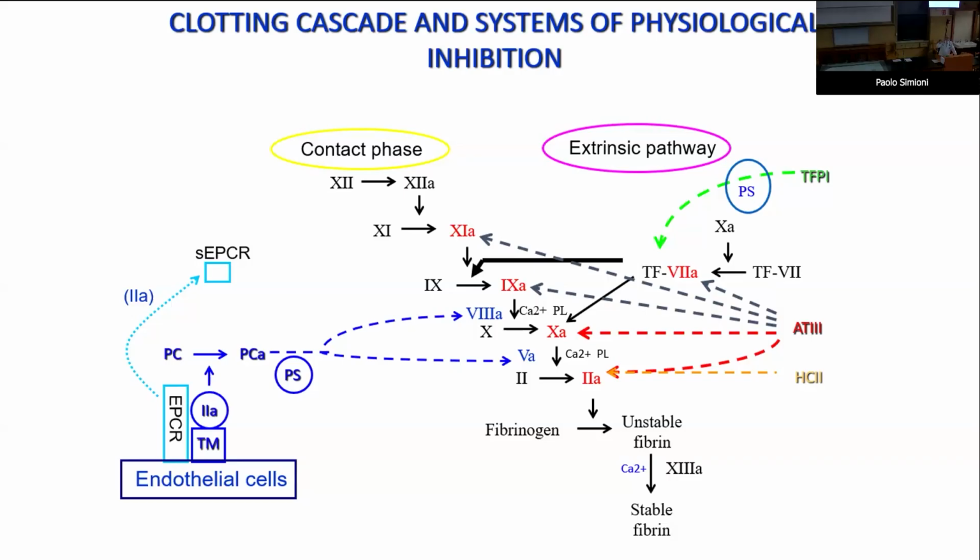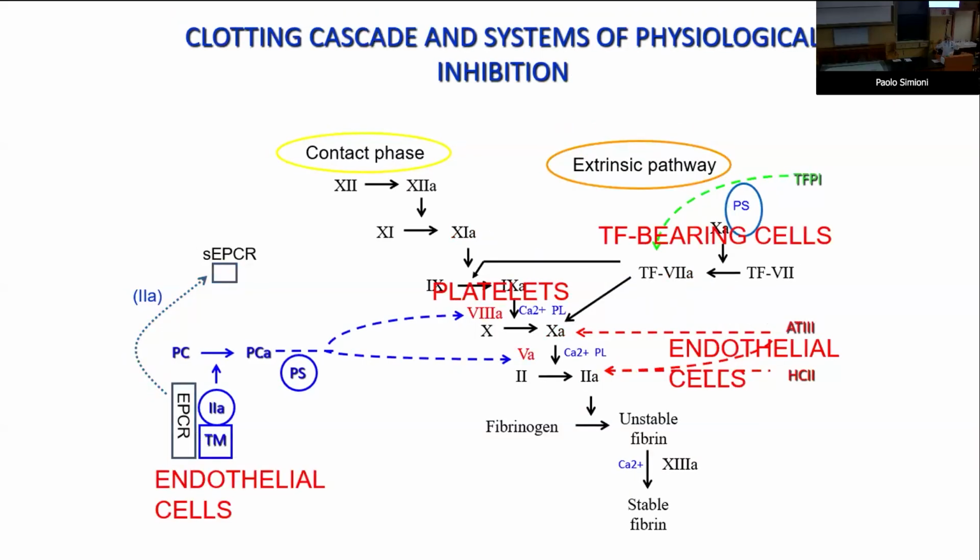However, when you ask for a PTT, you do something very wrong regarding the real nature of coagulation, because coagulation occurs on surfaces, and when you perform this kind of test you use only plasma. Actually, coagulation occurs on surfaces, particularly platelets, and you need platelets for coagulation to occur, as well as endothelial cells.